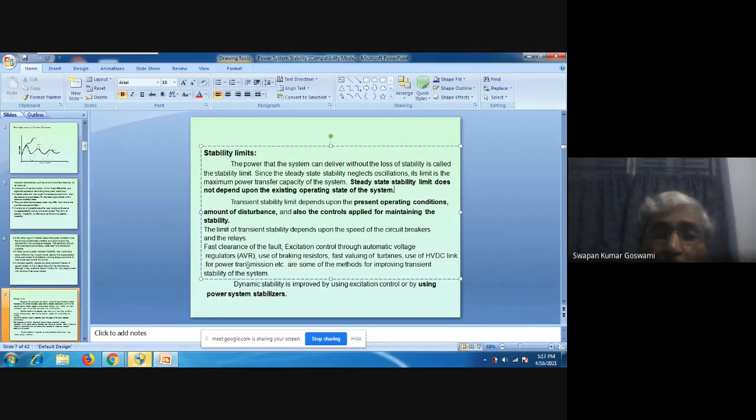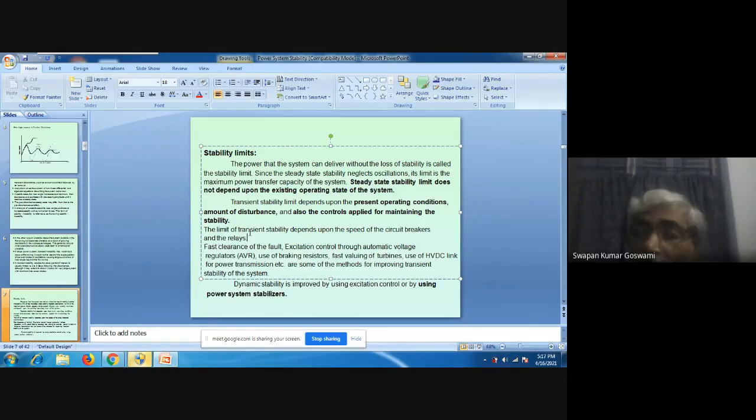The limit of transient stability depends upon the speed of the circuit breakers and relays. I have mentioned that there are protective devices. What is the function of protective devices? These protective devices basically identify the faults and isolate the faulty equipment from the system. If the faulty equipment is disconnected, the source of problem is disconnected.